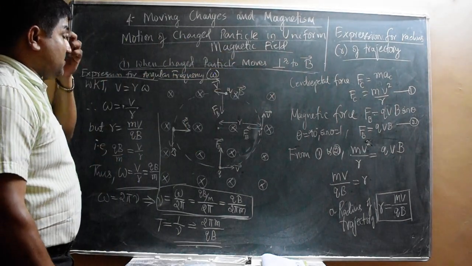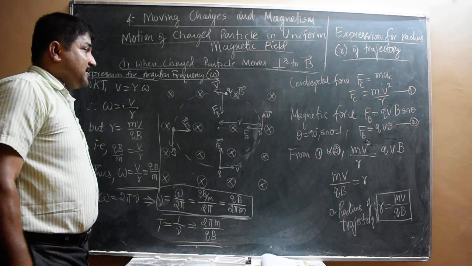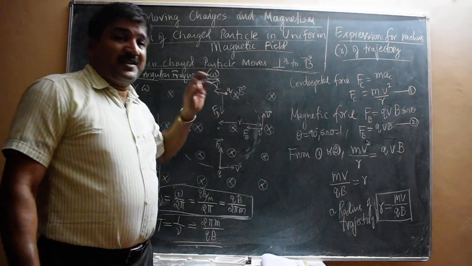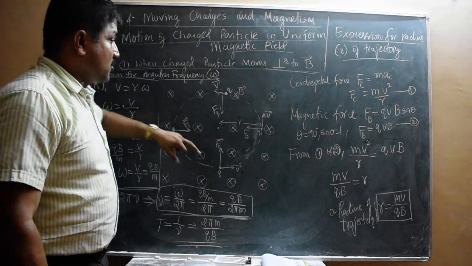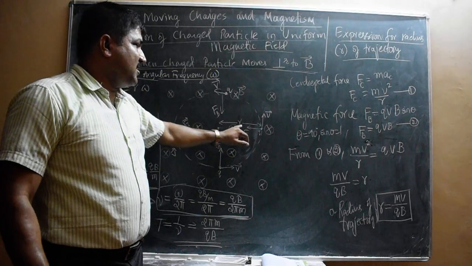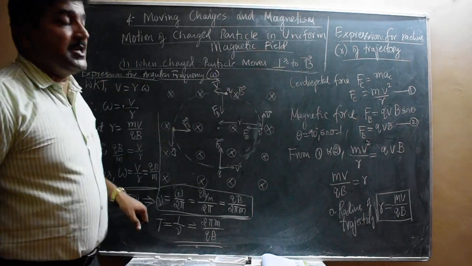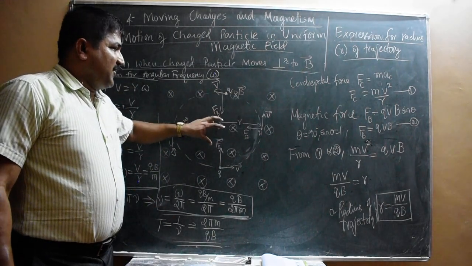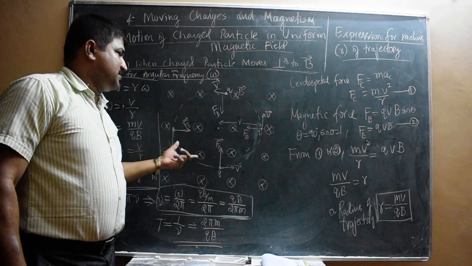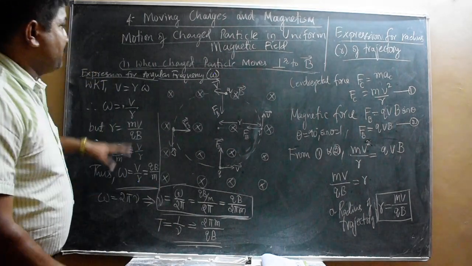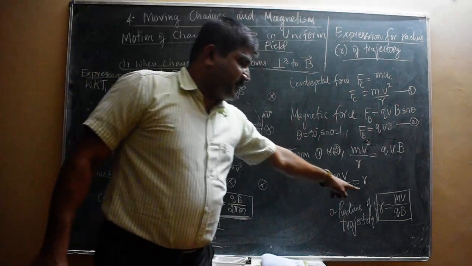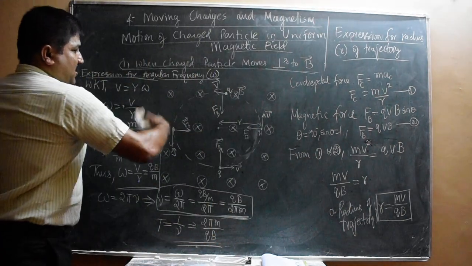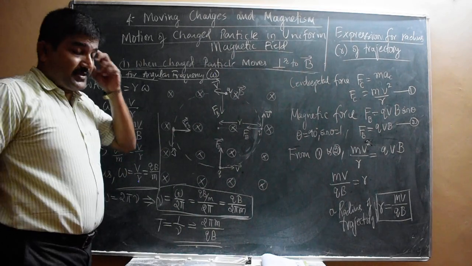That is for a charged particle moving perpendicular to the magnetic field. When a charged particle moves perpendicular to the magnetic field, the trajectory is circular. The charged particle goes in a circular path of radius r with a constant speed v in a magnetic field perpendicular to the motion of the charged particle. Radius means how big a circle it describes.